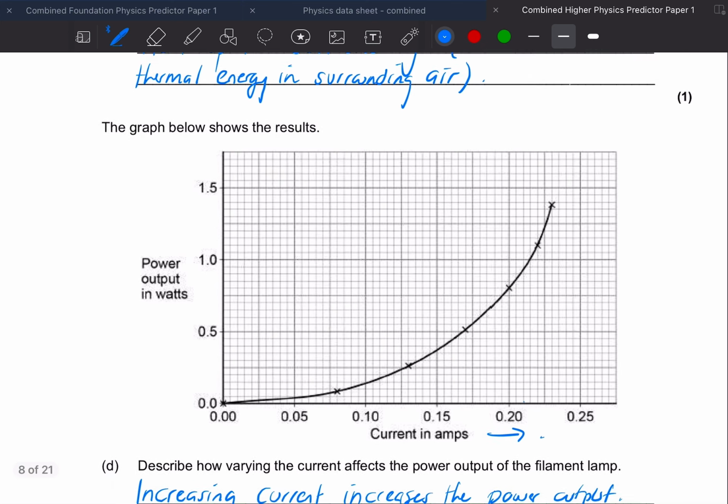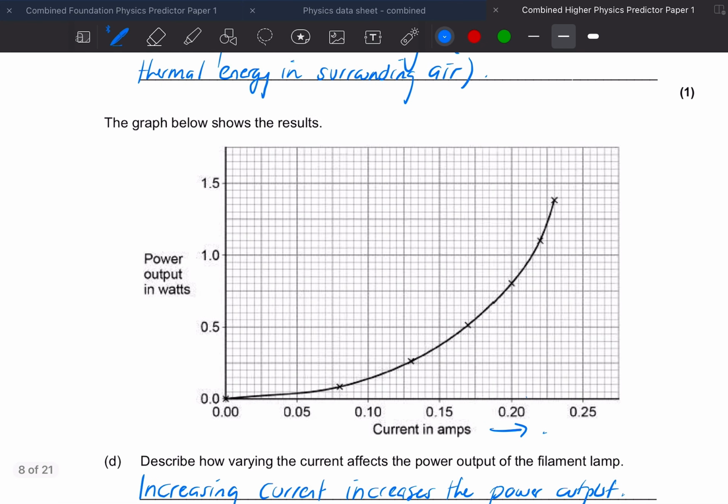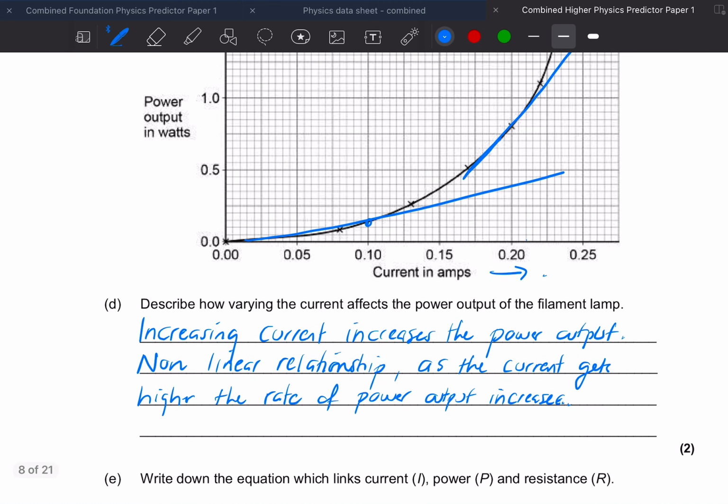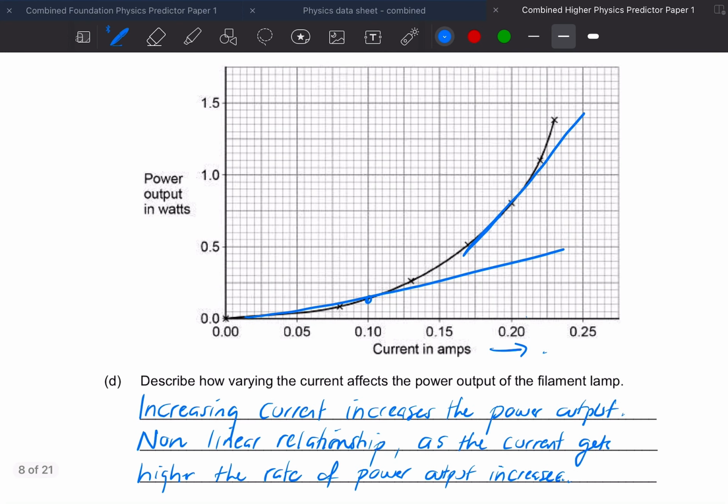If we look at the gradient of the line here, it's like that, for a current of 1. Whereas when we've got higher currents, let's say a current of 2, our gradient is much steeper. So as the current gets higher, the rate of the power output is increasing, and that's represented by the steepness of the line.